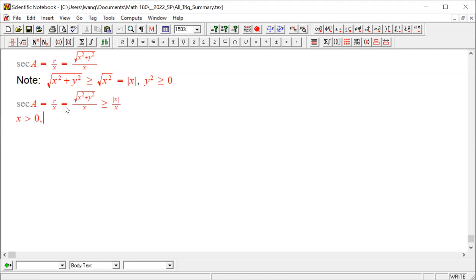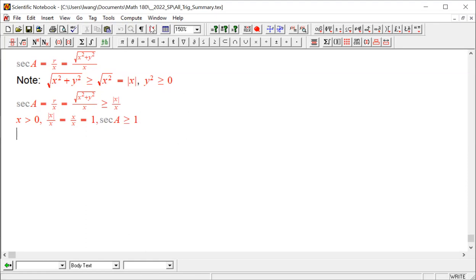In the domain for sure, take x to be positive. Then because the absolute value of x, if x is positive, is x, this is going to be x over x, which equals 1. So in this case, secant of those angles is going to be at least 1.